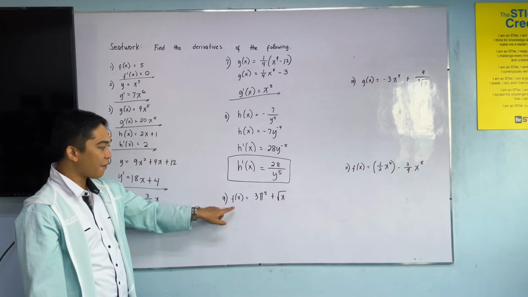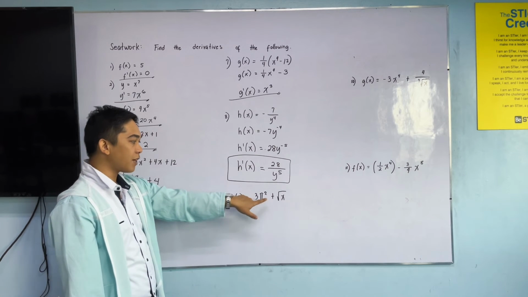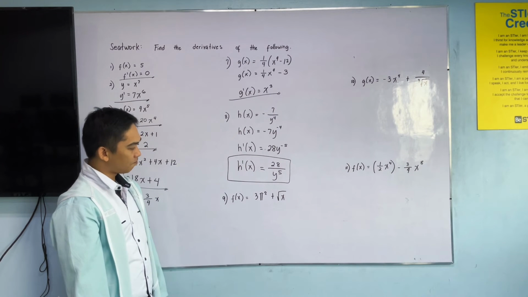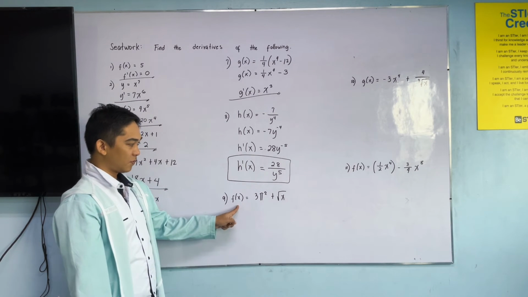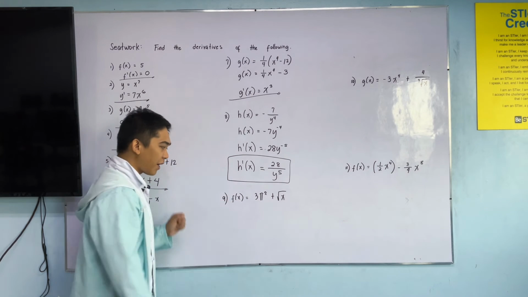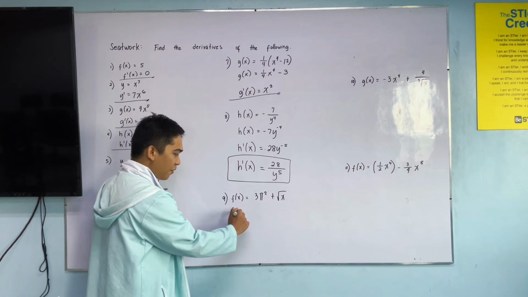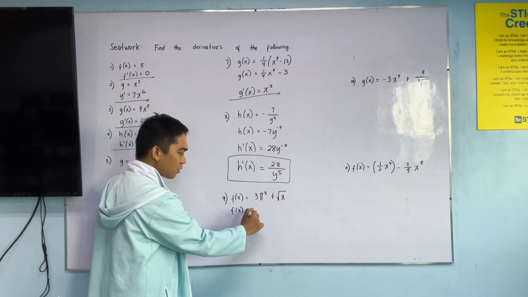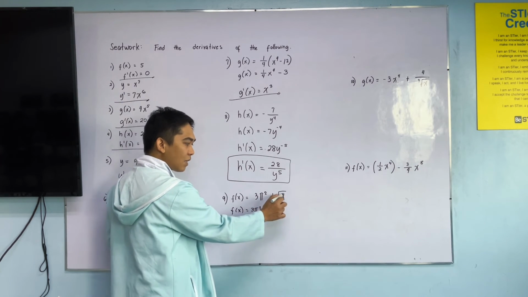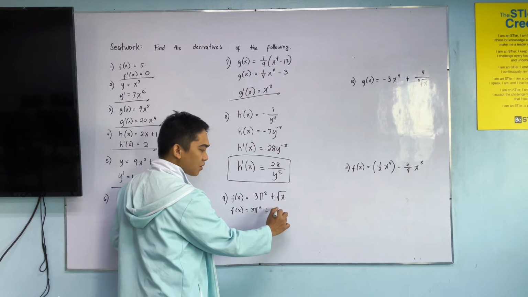Next, f of x is equal to 3 pi squared plus square root of x. Meron tayong radical. So, i-write muna natin. So, f of x is equal to 3 pi squared plus, gawin natin tong exponential form, x raised to 1 half.